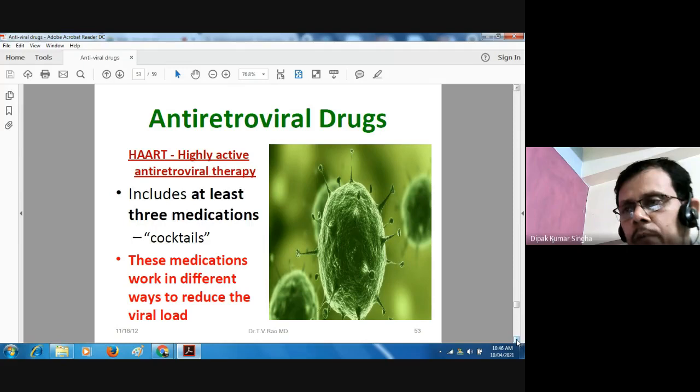In case of retroviruses, even this coronavirus is a retrovirus. This includes at least three medications, or cocktails. These medications work in different ways to reduce the viral load. The three medications are called a cocktail.